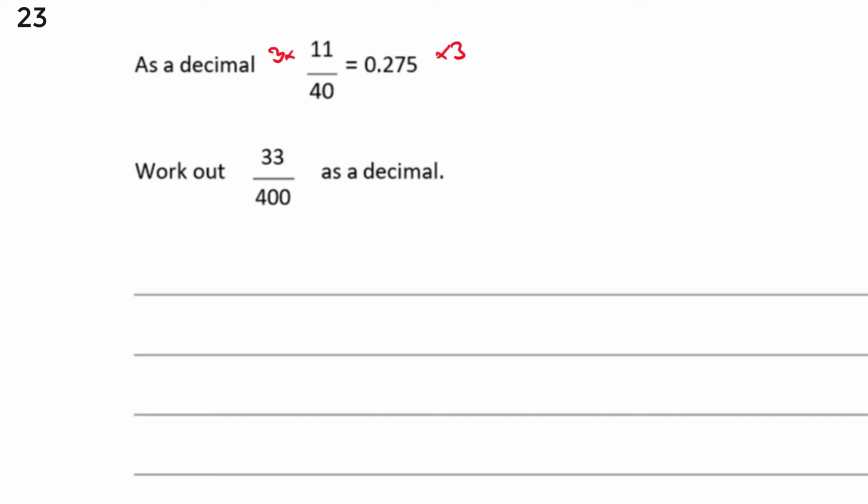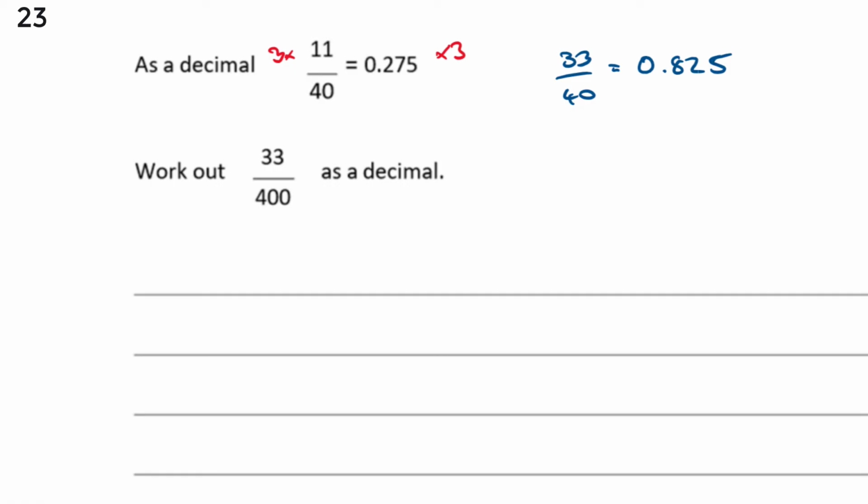That's going to give me 33 over 40, and that's going to be equal to 3 lots of 0.275. So tripling that up, it's going to be 0.825, isn't it? 0.825.